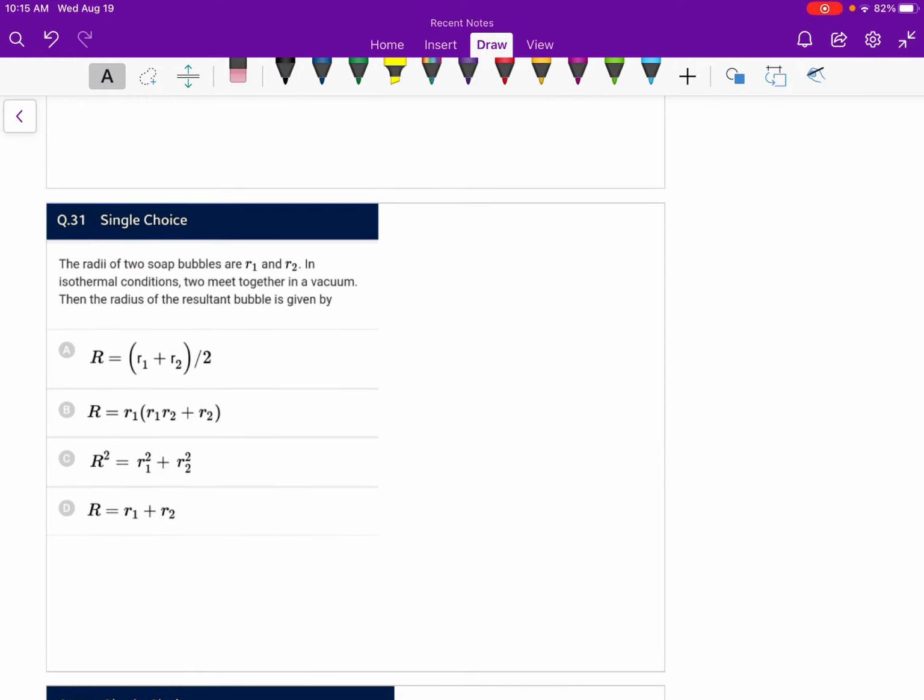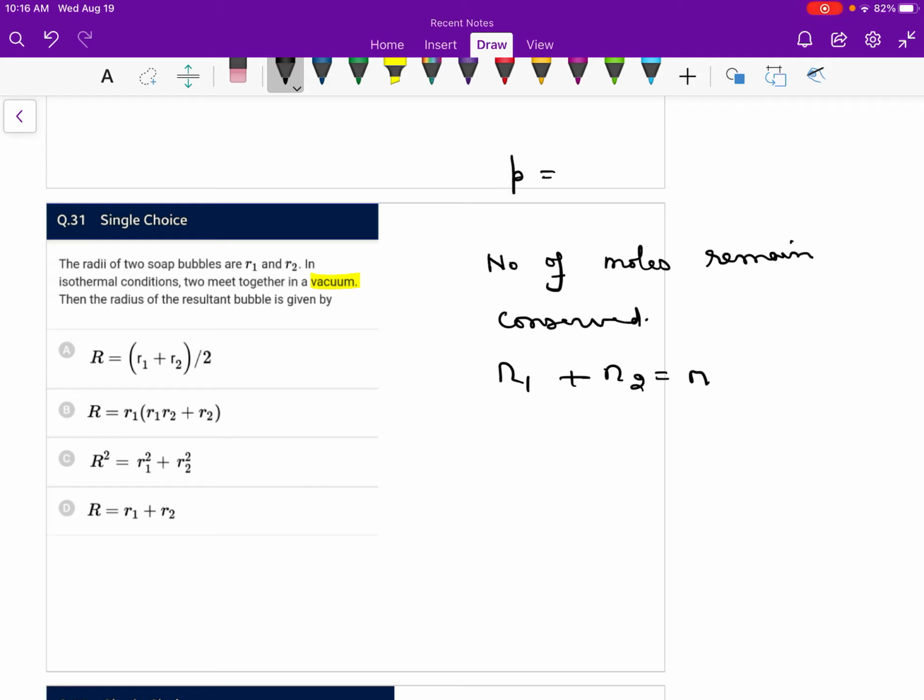The radii of two soap bubbles in isothermal conditions meet together in vacuum. Outside pressure is vacuum, then find the radius of the resultant bubble. So the number of moles remains conserved. So N1 plus N2 is equal to N. Now P inside is P outside plus 4S by R, but P outside is 0.